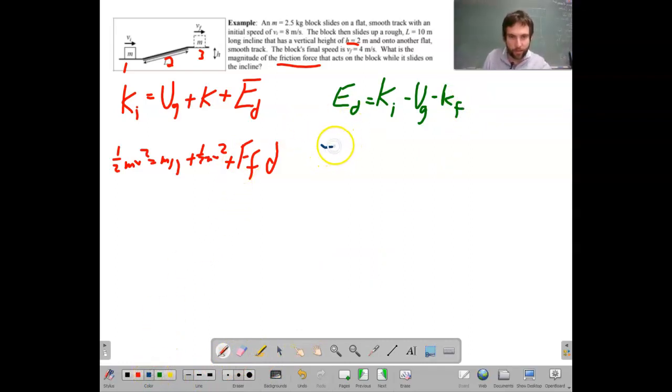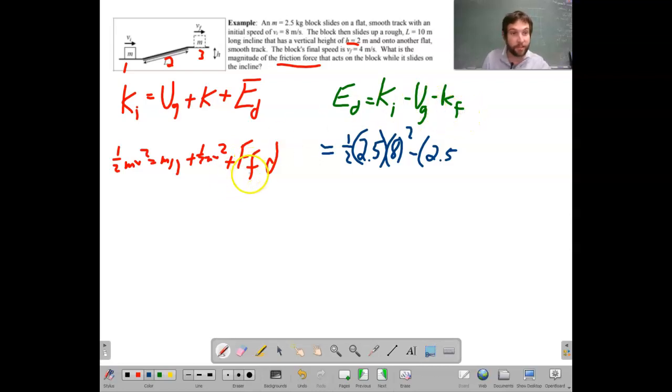So let's expand out all of these. So we have 1/2 mass, which is 2.5, times my initial velocity squared, 8, minus my mass, which is 2.5. I'm not going to have mass in all of these terms, am I?